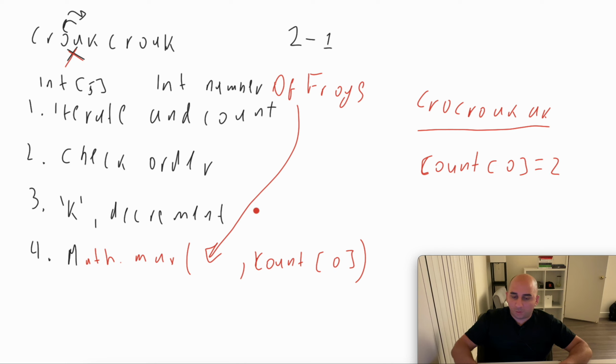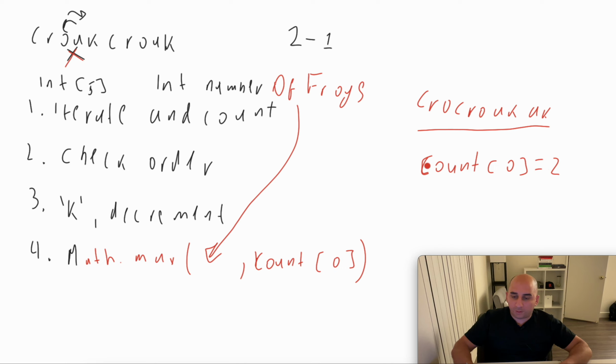The moment when we start to decrement from the count, the first time when we get to this position, when we take the count 0, it will give us 2.